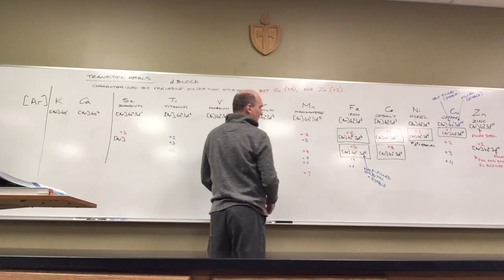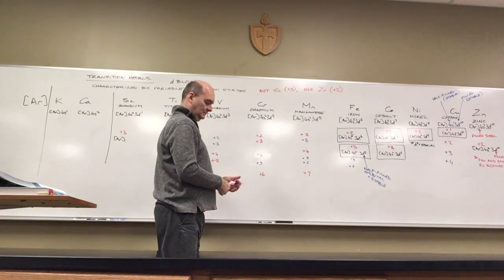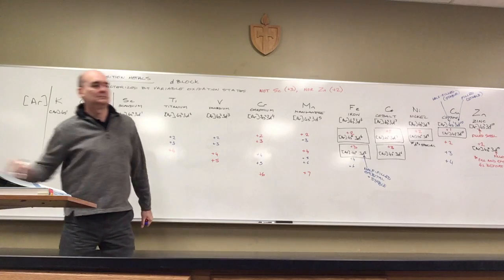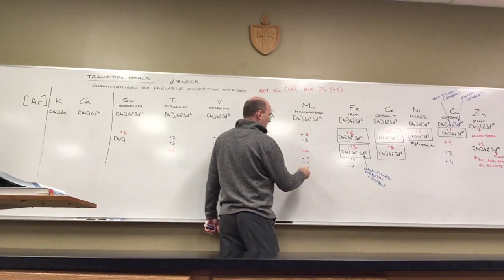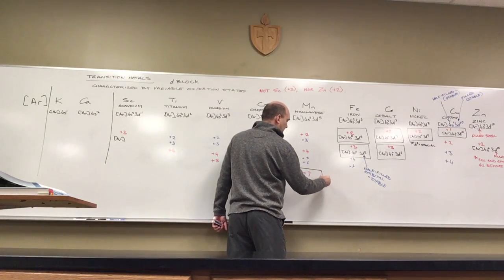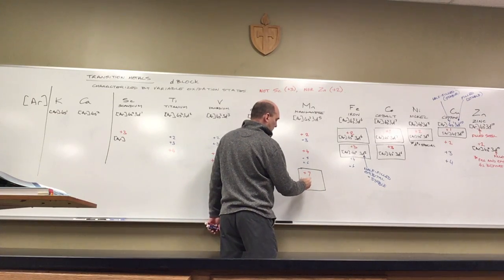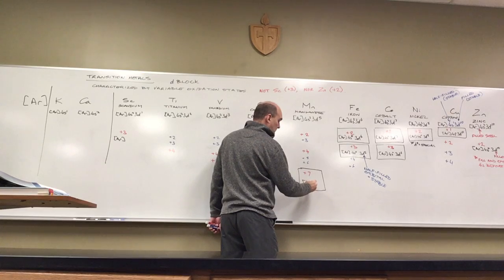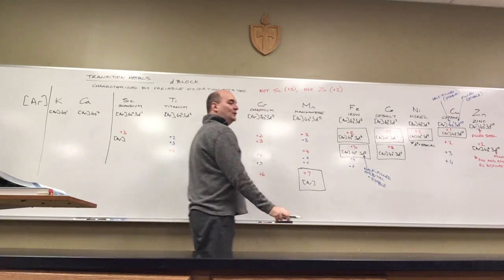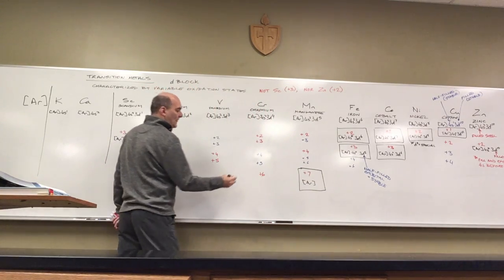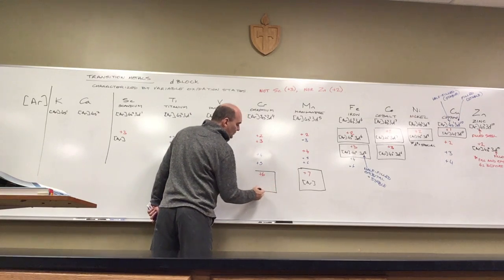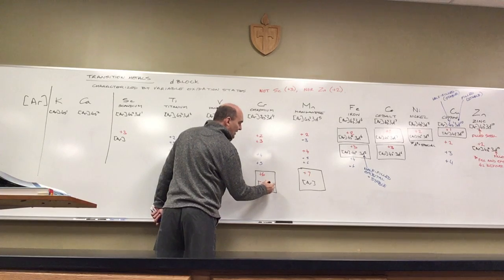What's going on at +7? My closed shell configuration at +7, and it's my closed shell configuration at +6.